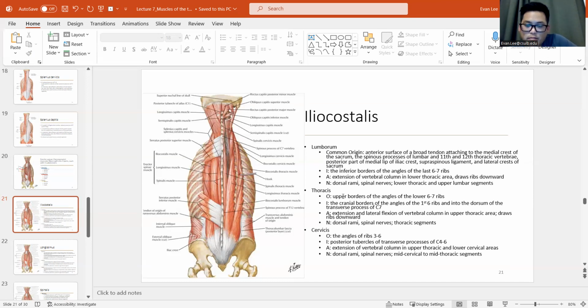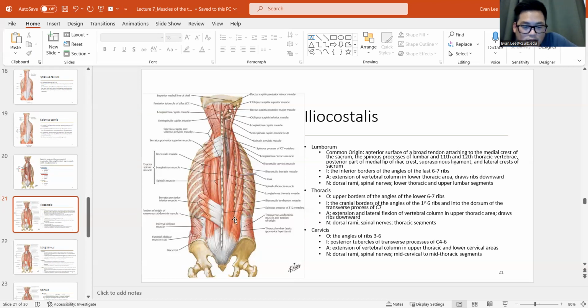Along the upper borders of the angles you have the ribs as well, and then even more ribs for cervicis too. Oh sorry, no, for cervicis, that's the origin. Okay, sorry, I've been looking at the origins. So the origins are going to be the ribs.